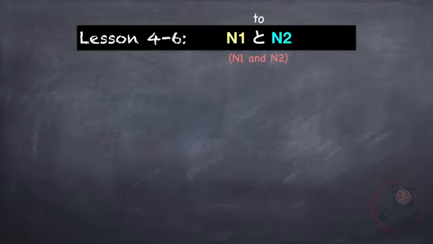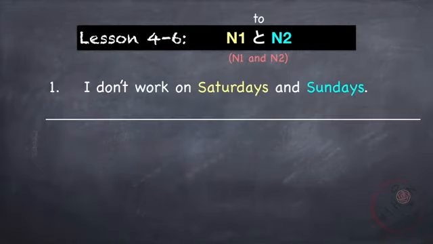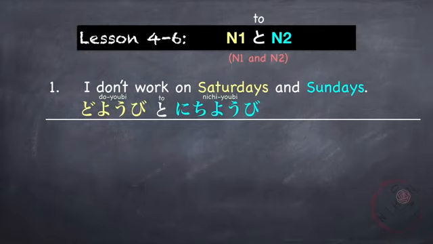Next is the particle と, meaning and. So this is used to connect two nouns, N1 と N2, or N1 and N2. For example, I don't work on Saturdays and Sundays. Saturday is 土曜日. 土曜日と Sunday is 日曜日. 土曜日と日曜日働きません.